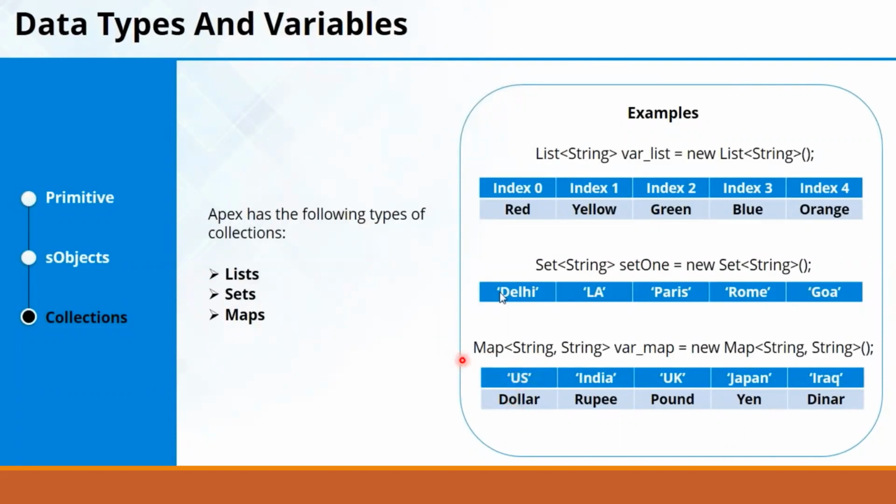If I put map get US, what will come? Dollar. From this map, get the value of UK. Then what will come? Pound. So map is a key value pair. We put some value on the key, and we put another value on the value. Got it? Is this map clear also?